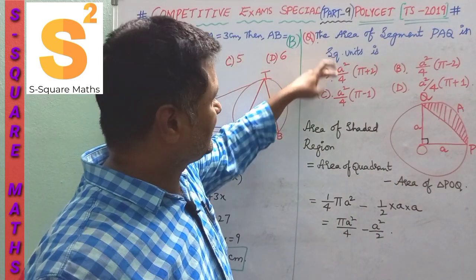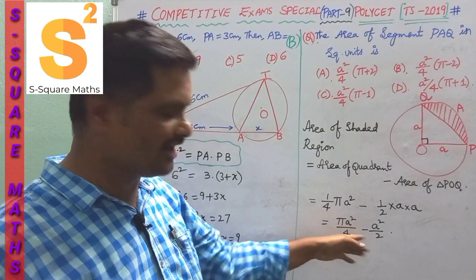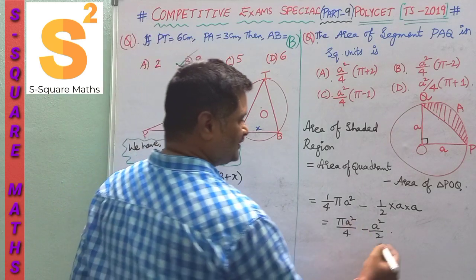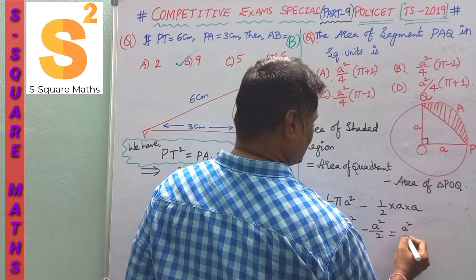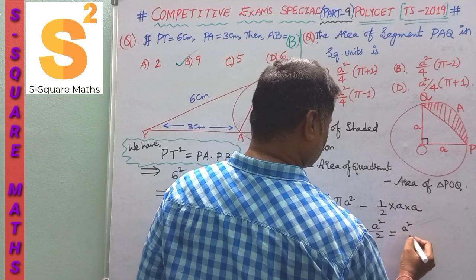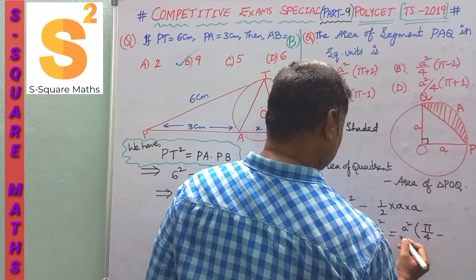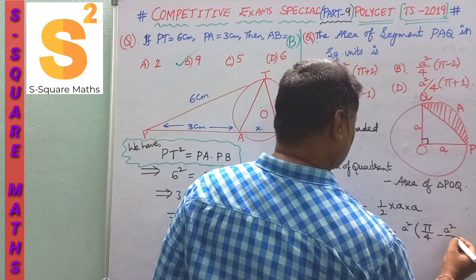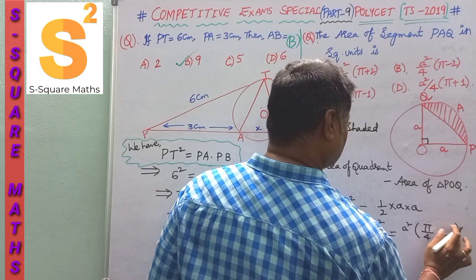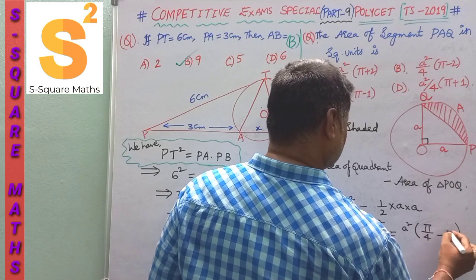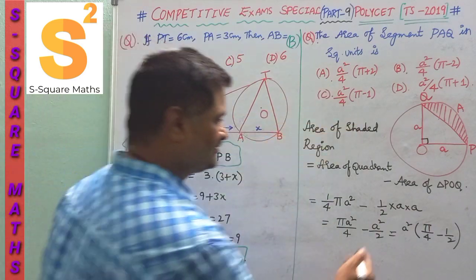Here you have to take A square by 4 as common.